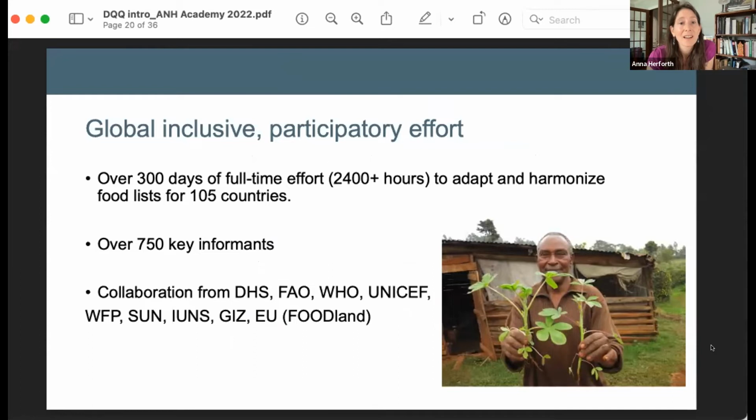It added up to over 300 days of person time effort to adapt and harmonize these food lists so that everyone doesn't have to do it for themselves. All the food categorization, these tricky decisions about what's included as small or excluded as consumed in a small amount, are harmonized and made in consistent ways so that it's ready to use.